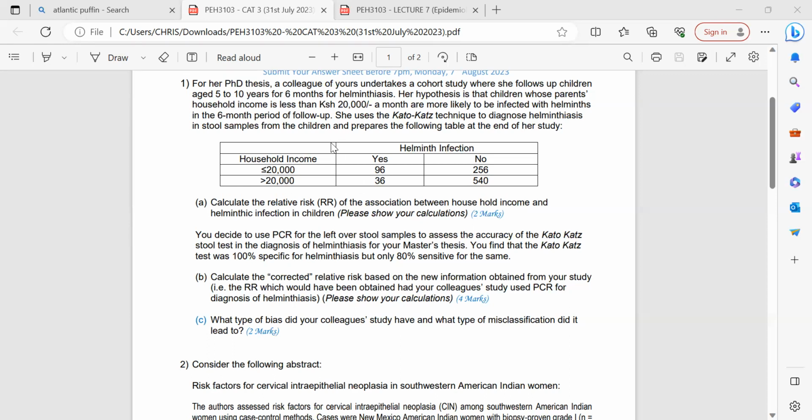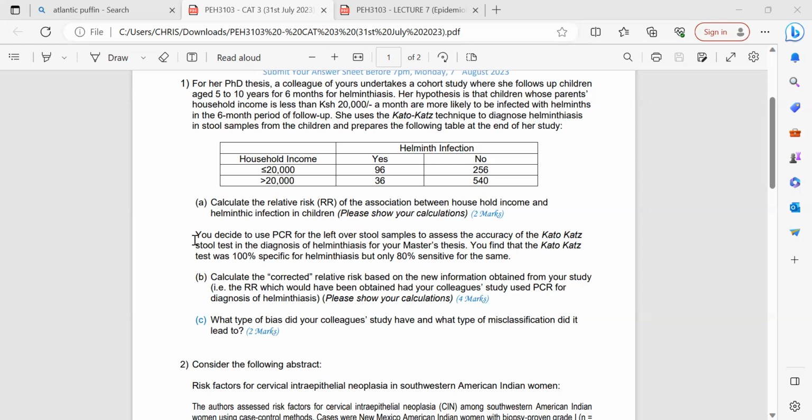Now we are told the data that we have was arrived at using the cat's test. Then we have the PCR. PCR is a reference test, the ideal that you should use when you want to diagnose helminth infection. So you decide to use your colleague's data, now using the PCR, which is the reference. You use the leftover stool, meaning the sample size will remain the same. So we need to have the same total number.